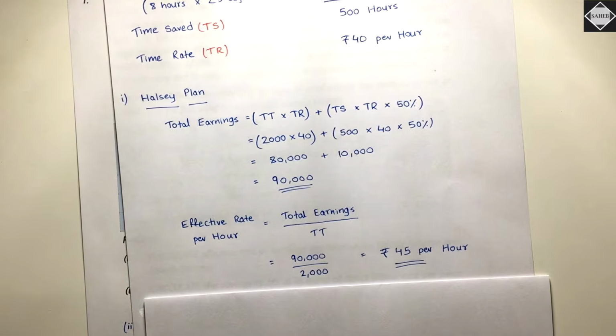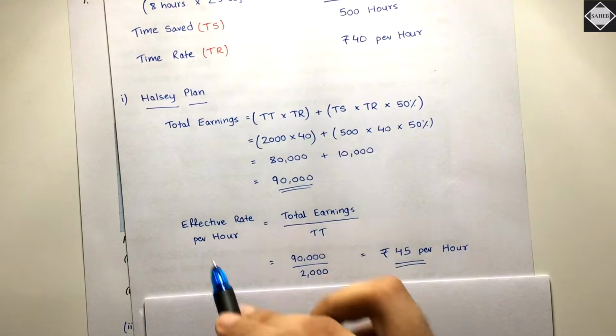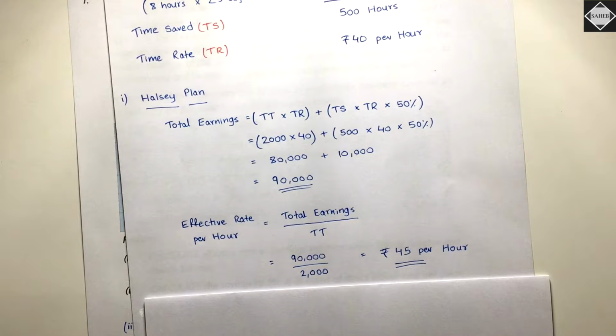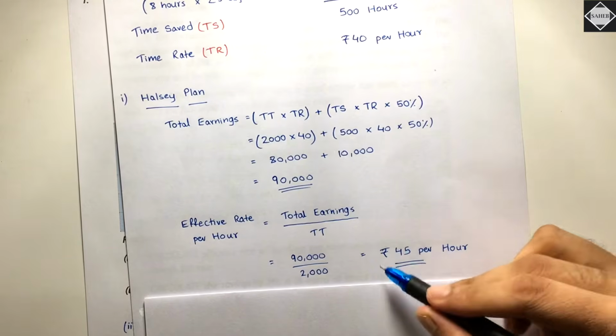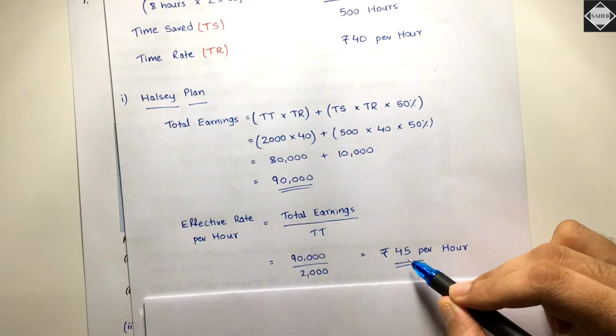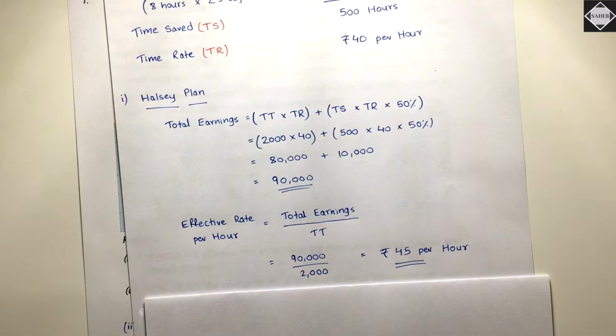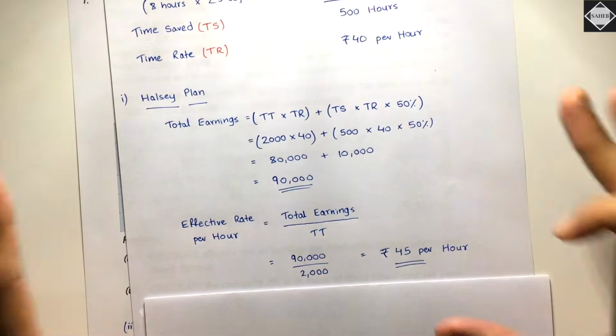Is it clear? So this is the effective rate per hour. For every hour, the workers are earning this much, rupees 45 per hour. So we have completed the first requirement partially.